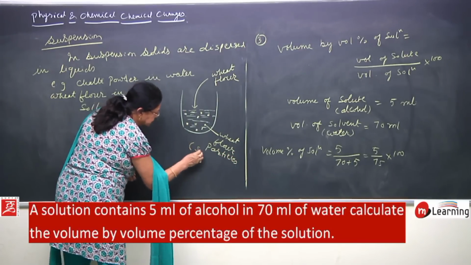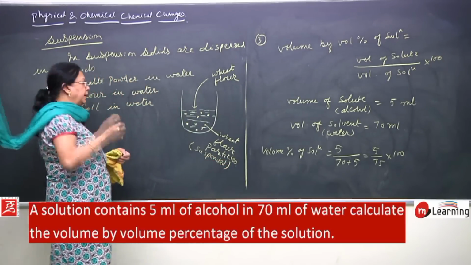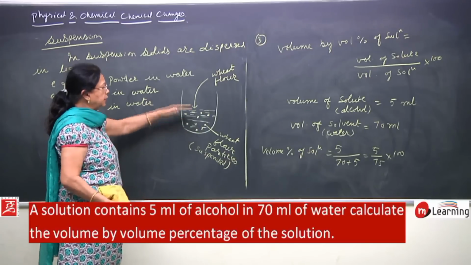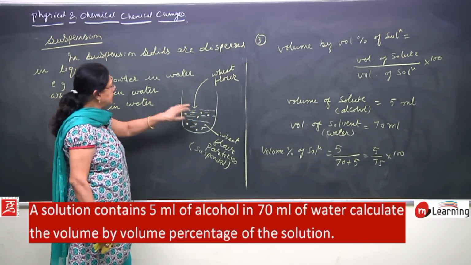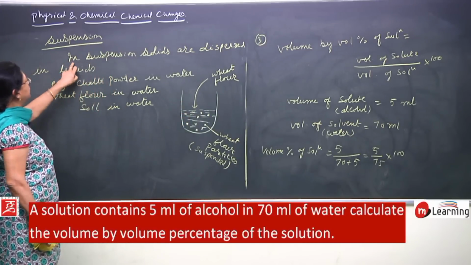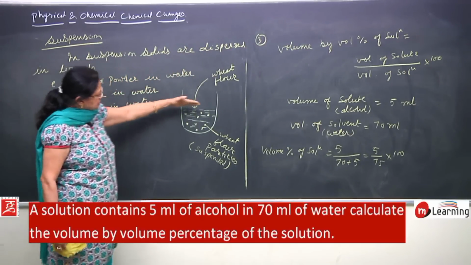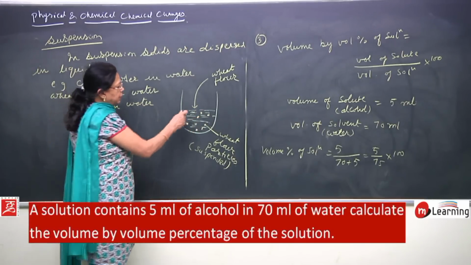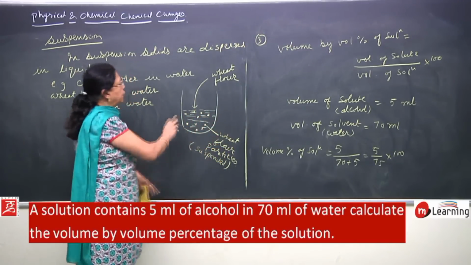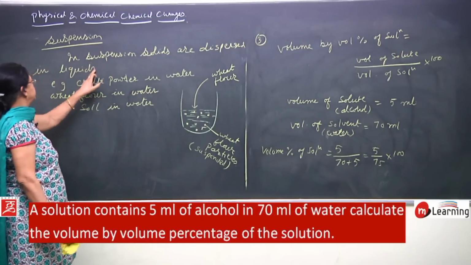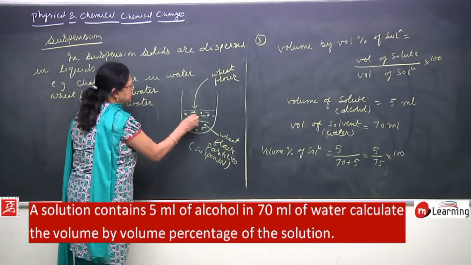They are hanging, or you can say they are suspended. They do not go down, they do not dissolve, but they are in suspension, or you can say they are hanging. So, what you have written is that in suspension, solids are dispersed in liquid. This is liquid water and this is solid wheat flour. They are dispersed, which means they are scattered throughout. So, they are dispersed in liquid. This is the example, and these are the particles which are dispersed in liquid.